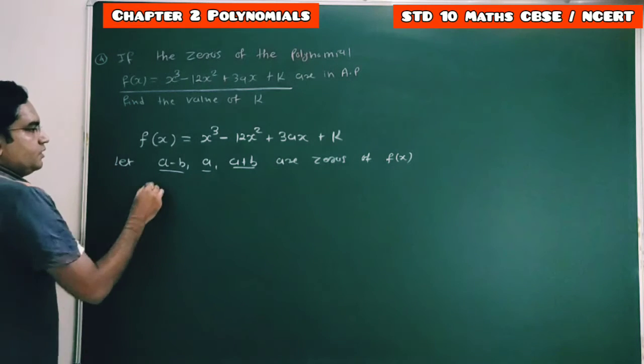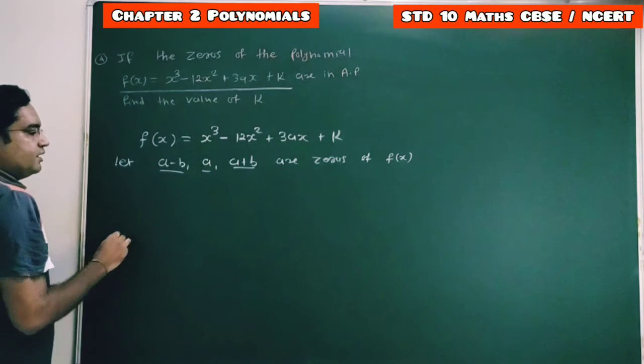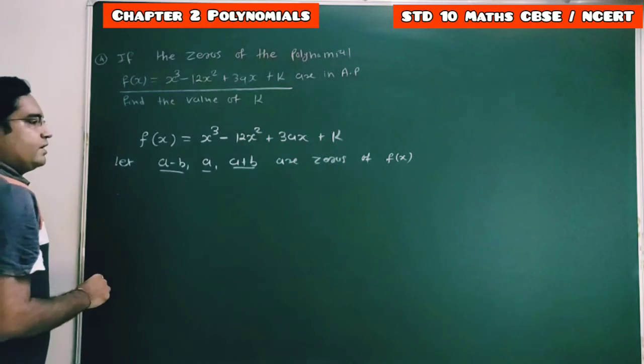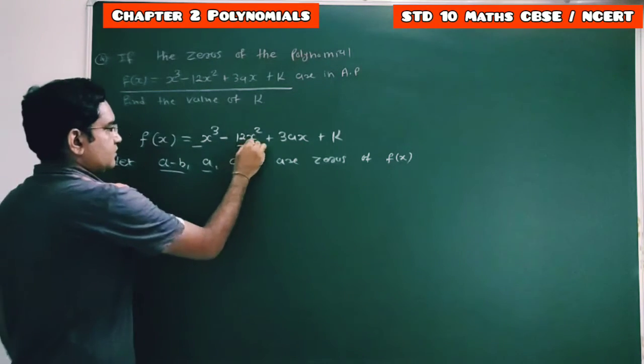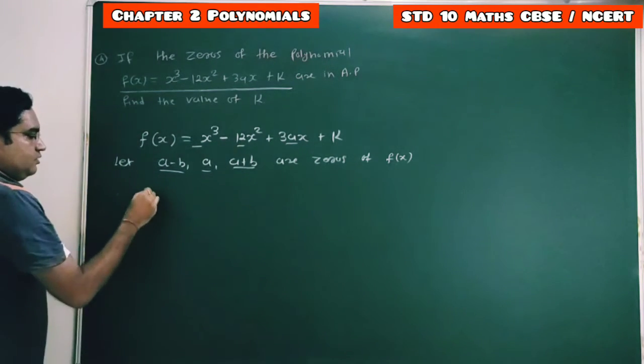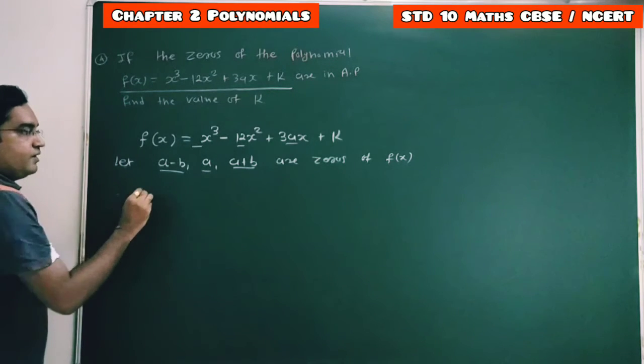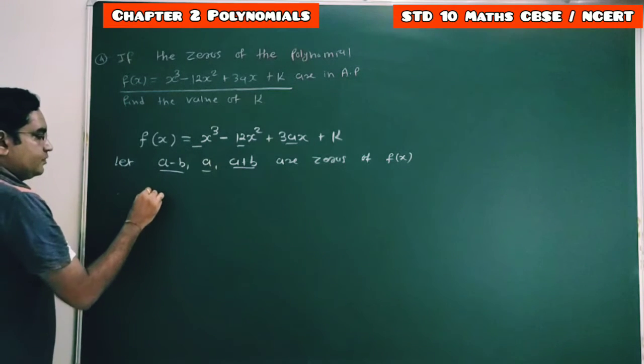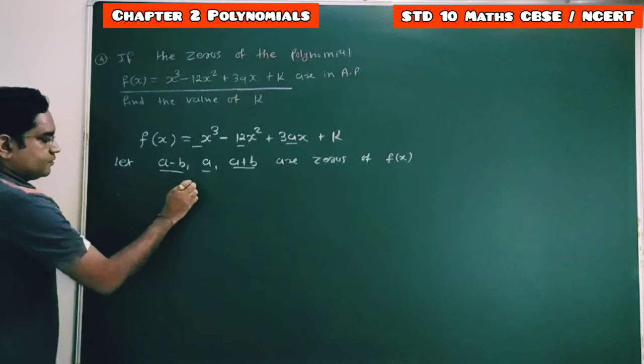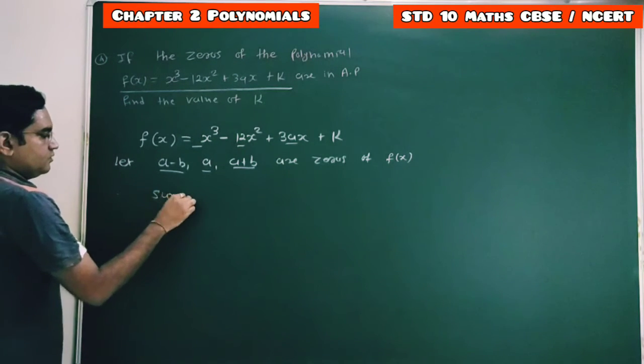Now if we compare this given polynomial with the standard form, we get the values of these coefficients. So now we know the relationship between zeros and coefficients. The first relation is the sum of zeros.